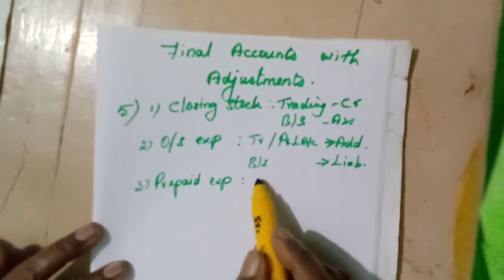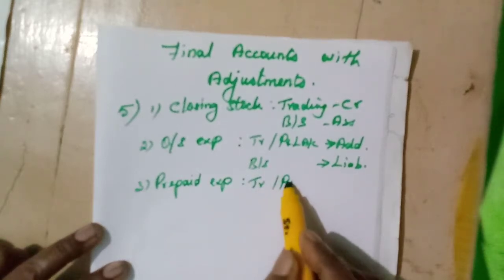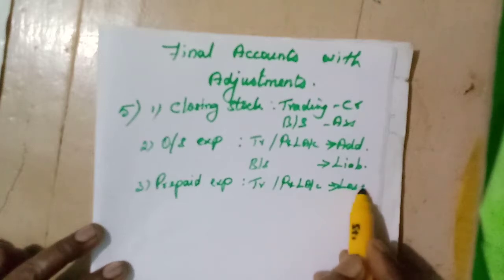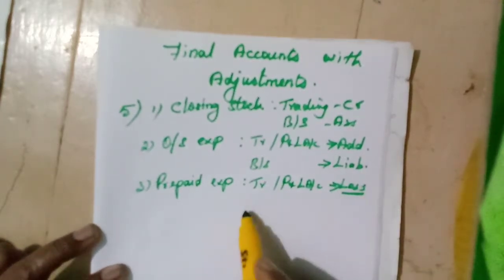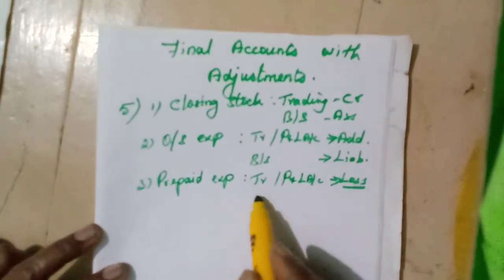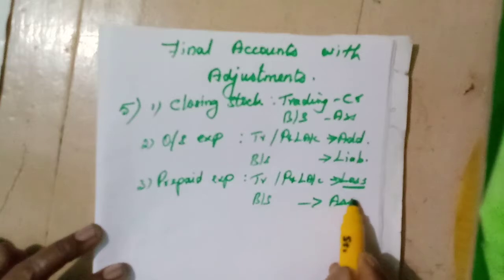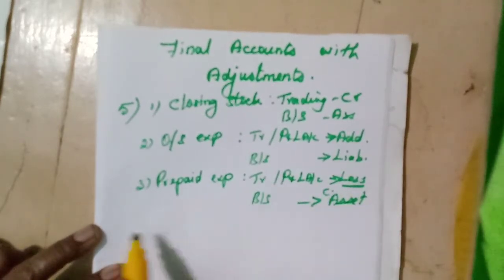We should deduct them from the concerned expense, and in the balance sheet it is an asset, current assets.